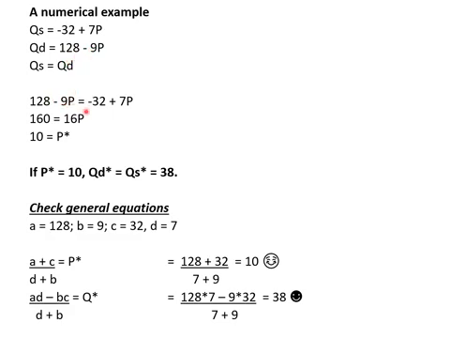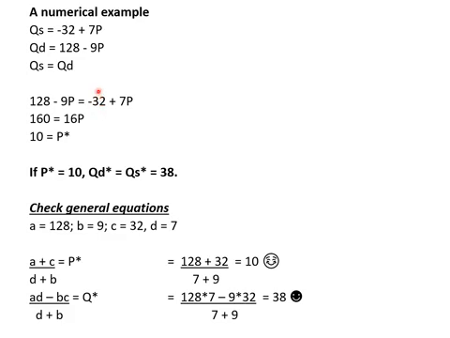128 minus 9p equals minus 32 plus 7p. So we've set these two equal to each other, and now we just need to solve for p. All right, so taking 9p across to the right hand side, we will have 7p plus 9p, so we end up with 16p.